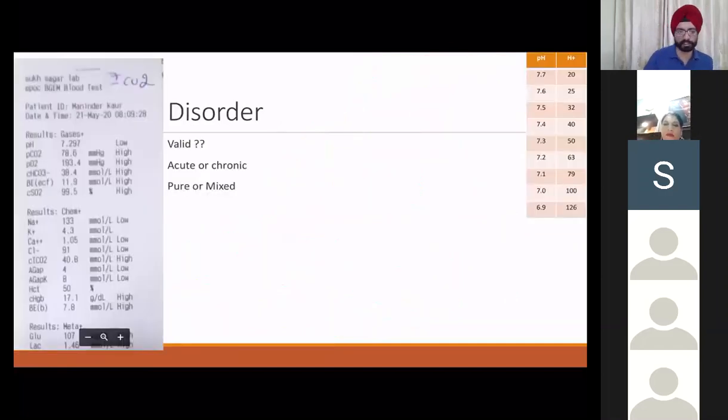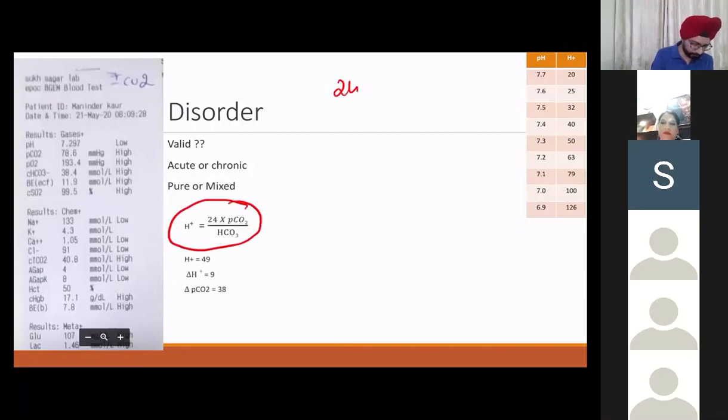I used this ABG in the last class also. It's a very beautiful ABG. Valid or invalid? Again, let me remind you the formula. H plus is equal to 24 into PCO2 divided by bicarbonate.